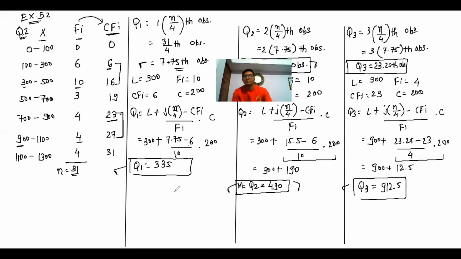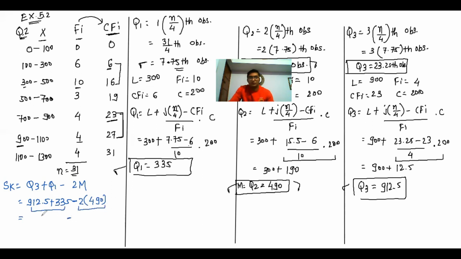Now the formula for Bowley's method, that is skewness: Q3 plus Q1 minus 2M. So now Q3 is 912.5, Q1 is 335, minus 2 times M, 490. So the total of these two, minus the multiplication of this.